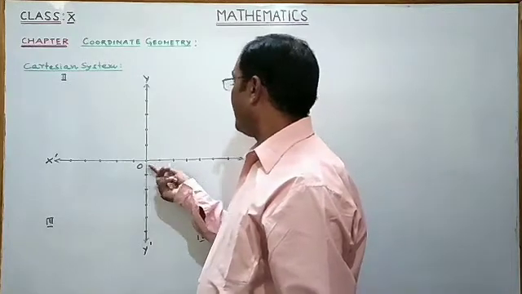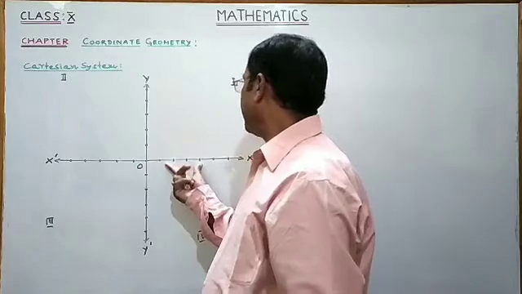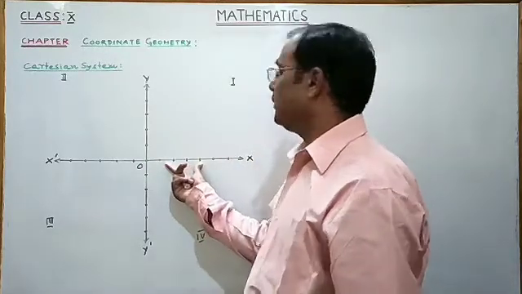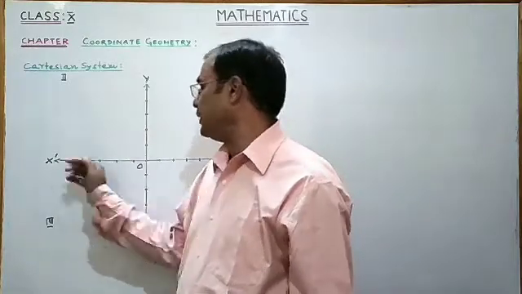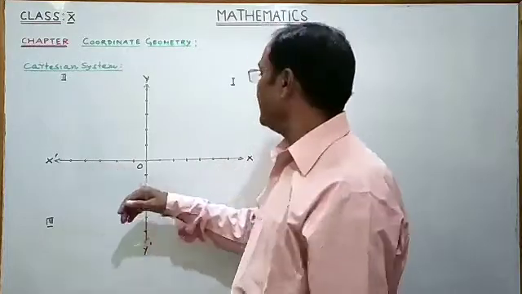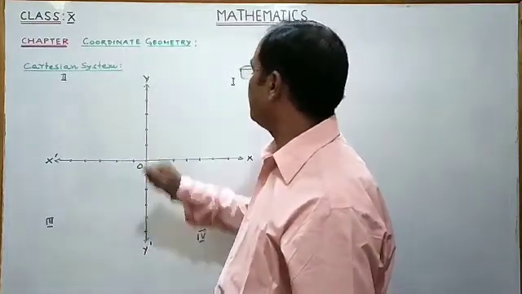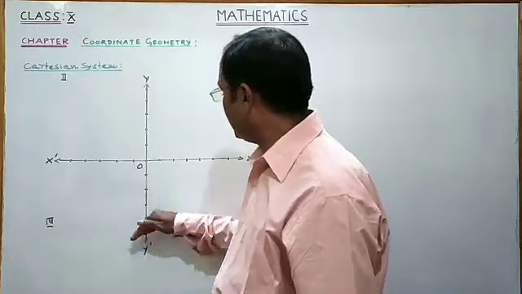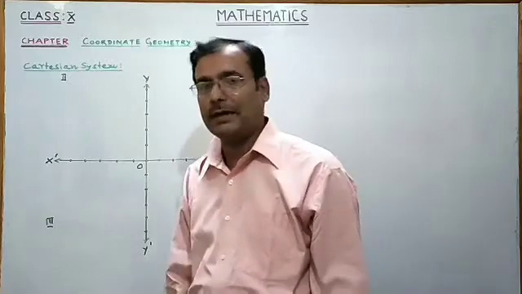To the right side of the origin, this part of the x-axis is called the positive part of the x-axis, and to the left side of the origin, this part is the negative part of the x-axis. Similarly, above the origin, the part of the y-axis is positive, and below the origin, the part of the y-axis is the negative part of the y-axis.